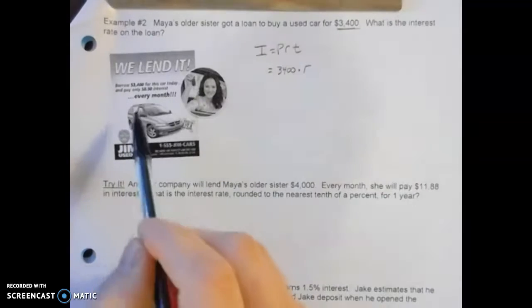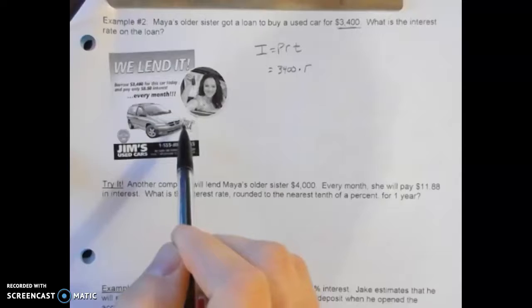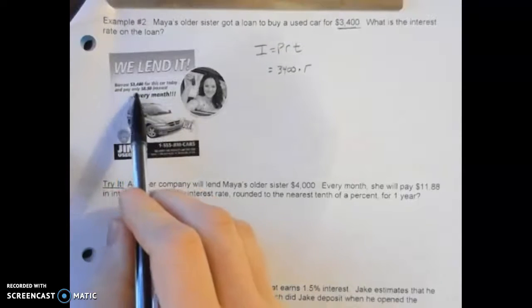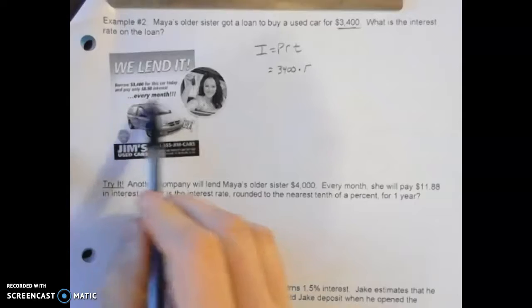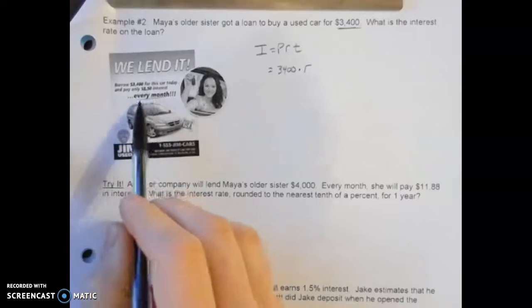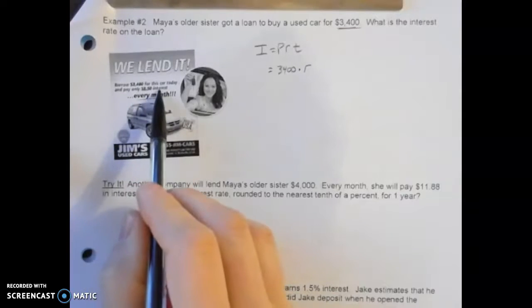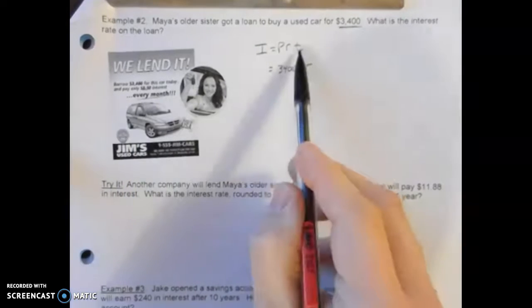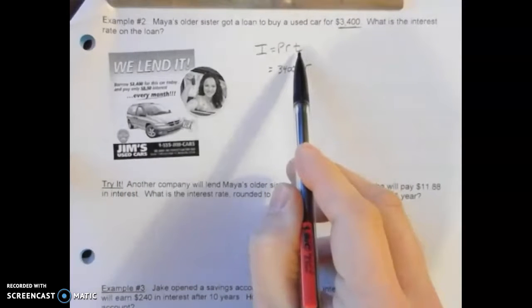Okay, and then we need to look at the advertisement here to get the rest of our information. And it says, borrow $3,400 for this car today and pay only $8.50 interest every month. You're going to pay $8.50 every month in interest. All right, but it's important to remember that our time T here is always going to be in years.